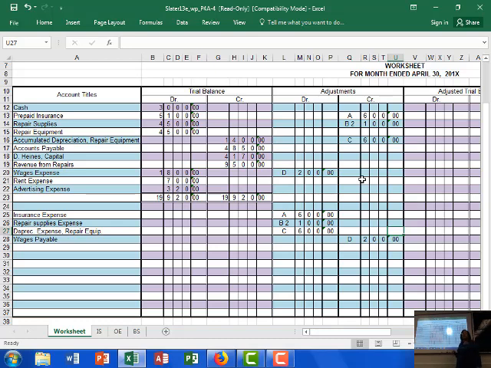Now, before we go any further, we must make sure that we total these adjustments because your debits must add up to the credits as well. So you're going to add all of that. So in your debit column, you're going to have how much?